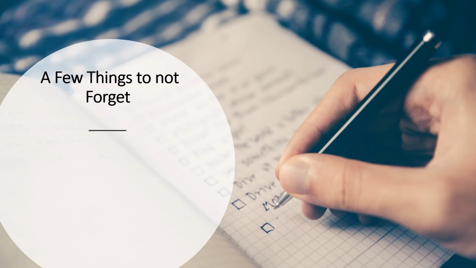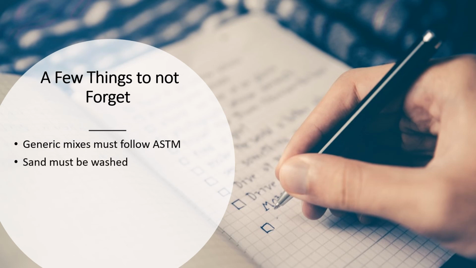This concludes Module 2, Base Coat and Finish Materials. Key points to remember are: generic mixes must follow ASTM standards for ratios and product use. Sands are critical and must be graded and washed. Thinner base coats are allowed by the building code, but you must use the approved products.